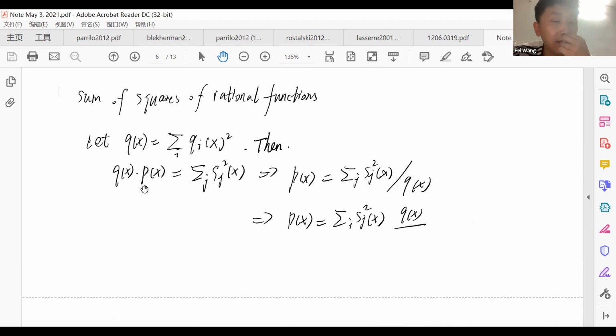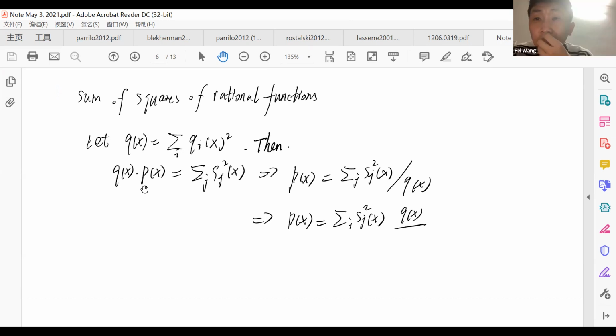So p(x) is a sum of squares of rational functions, but we can find the q(x) so that q(x) multiplied by p(x) is a sum of squares of polynomials instead of rational functions. We cannot directly solve a sum of squares of rational functions, right? So if p(x) is a sum of squares of rational functions, then we multiply it by q(x) to make it a sum of squares of polynomials. Okay, so that's the idea.